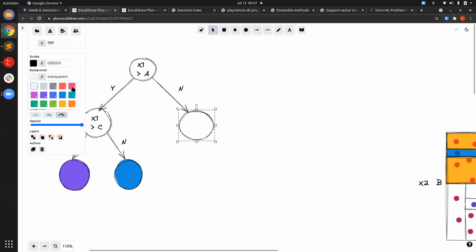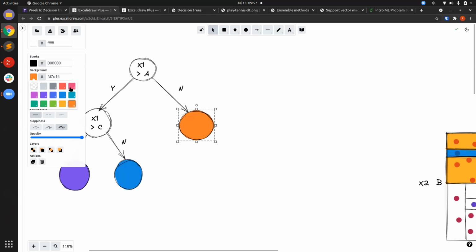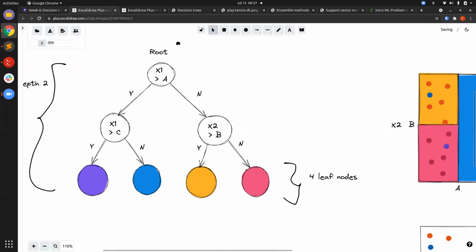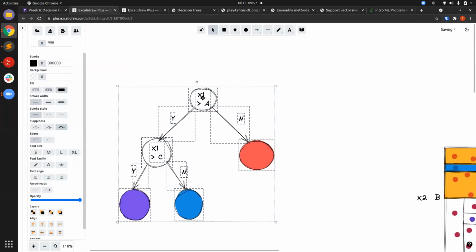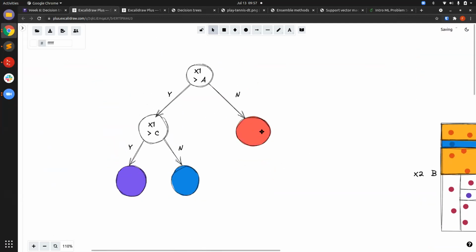Make this an orange leaf node. Is this tree going to have more or less training error than this tree here? It's definitely going to have more training error. So how do I decide whether to merge the two leaves on the right or the two leaves on the left?